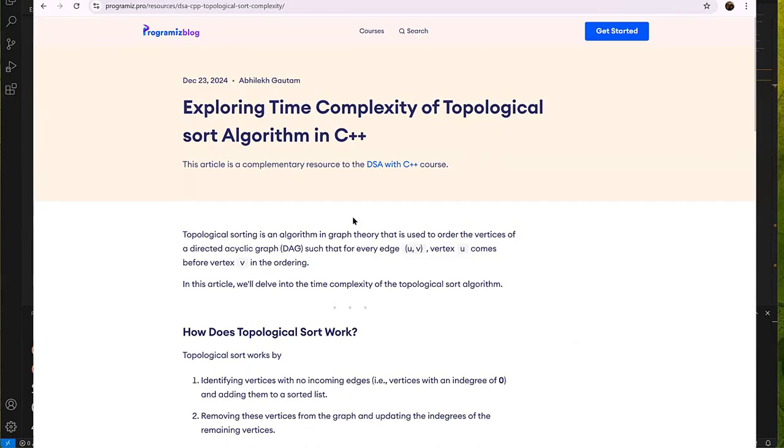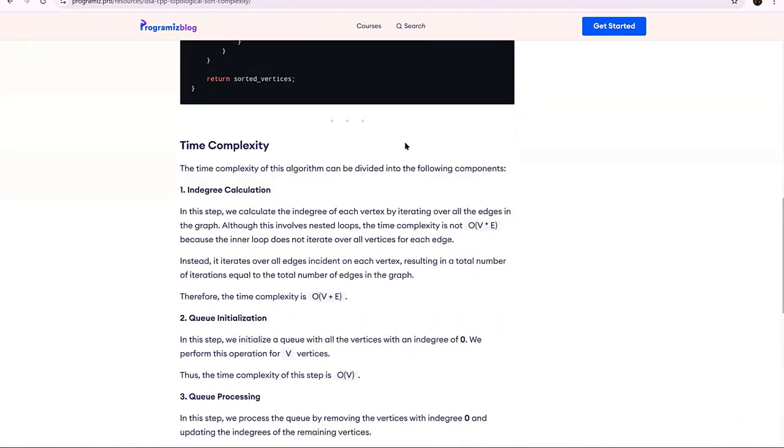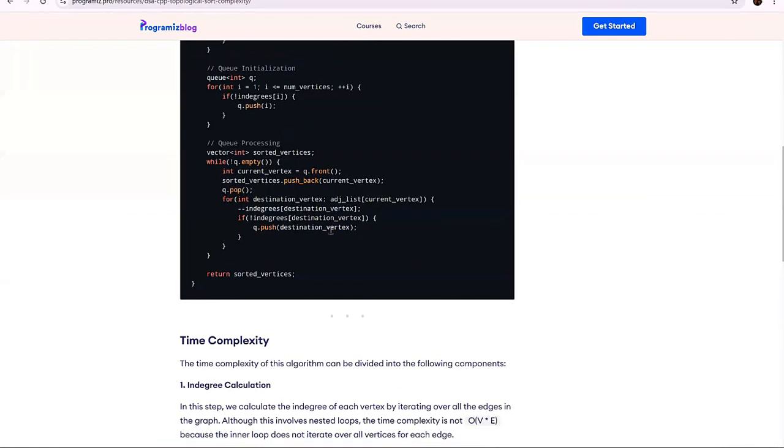So topological sorting works on a directed graph, acyclic, no cycle, okay. And then the topological sorting. There's an in-degree calculation, there's a queue initialization.